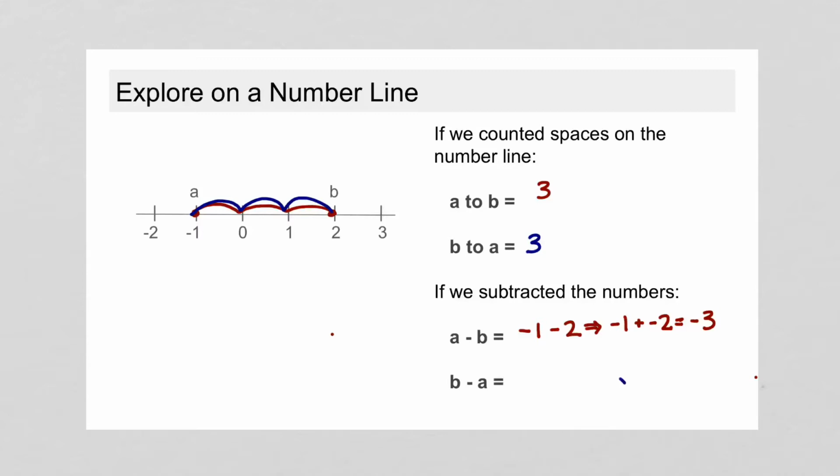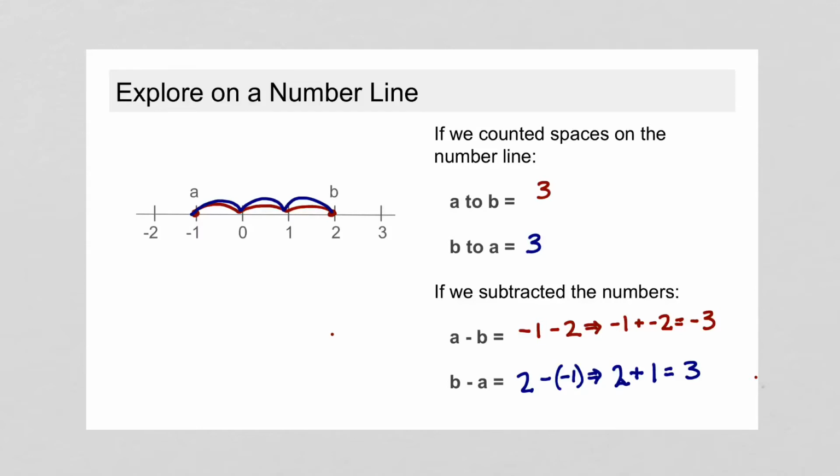Okay, well, let's see if we go from B to A. Well, so that's 2 minus negative 1. And we know how to rewrite that. We're going to change the operator and take the inverse, and that gives us 3. So what do we notice? Well, when we count the spaces, they're both positive.